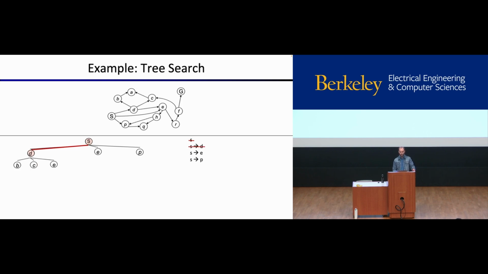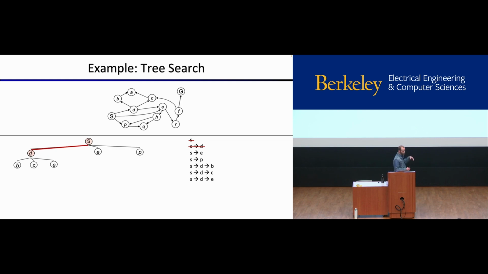We expand it, we cross it off from our list of partial plans, and we add new partial plans to our list. SDB, SDC, and SDE. So these are paths in our world, in our search problem.